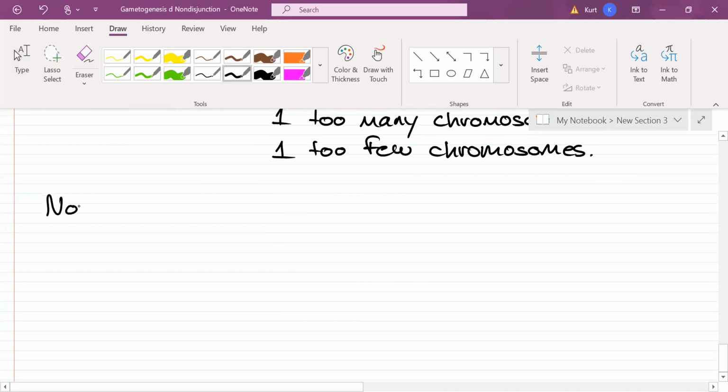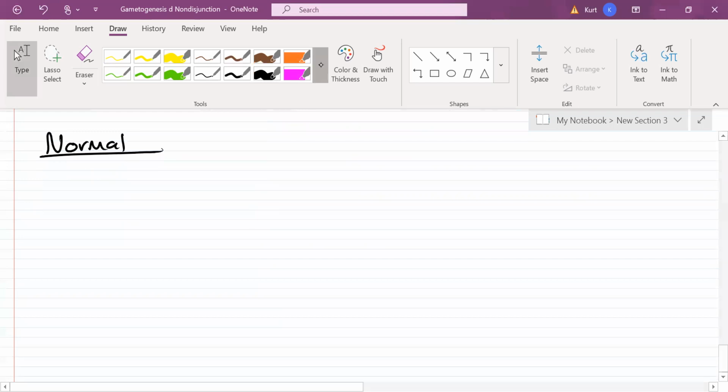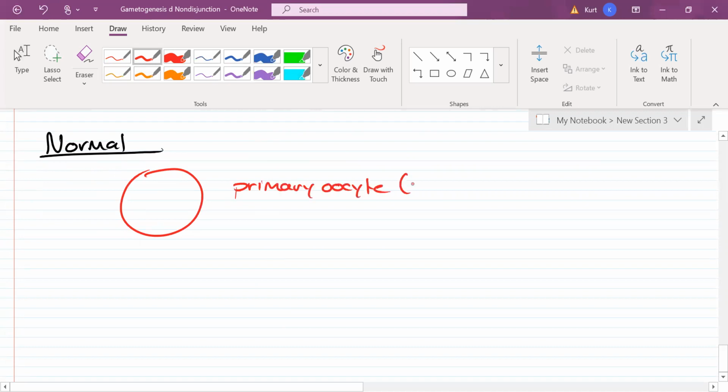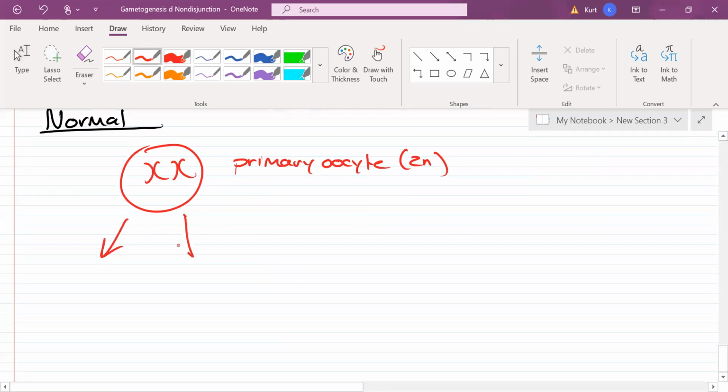So here's normal. Let's say that we start off with an egg cell. This is a primary oocyte. It is diploid. And you're going to have the sister chromatids, or the homologous chromosomes. Now they're going to evenly divide.